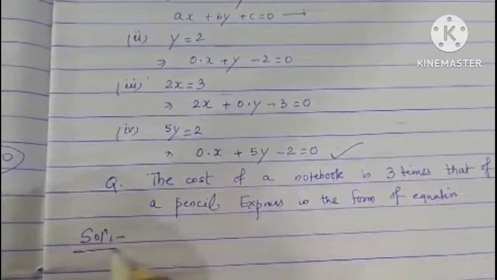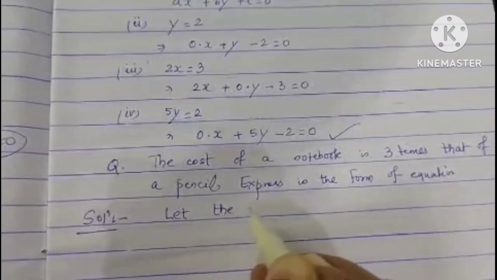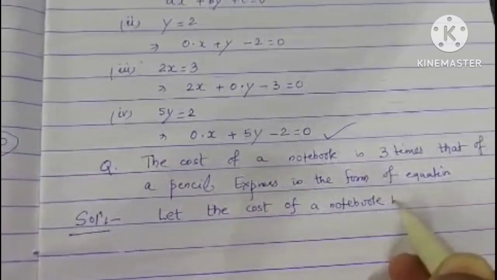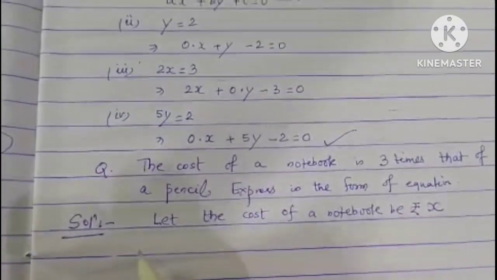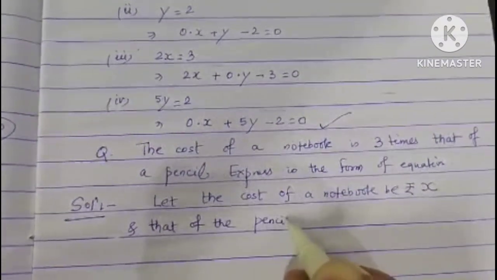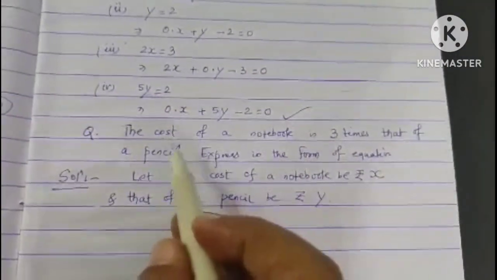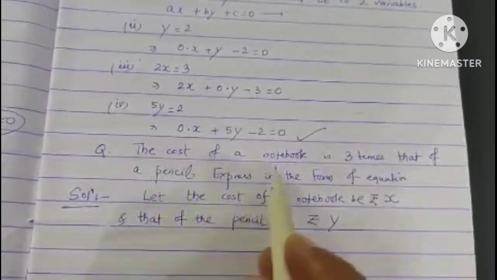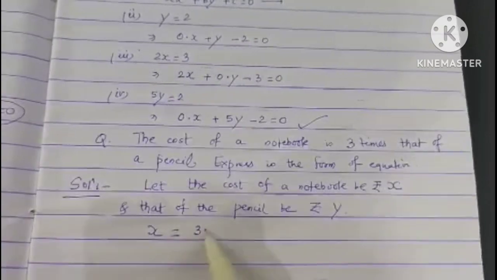So what we will do, let the cost of a notebook be rupees X, and that of the pencil be rupees Y. Now according to the question, the cost of a notebook, that is X, is equal to 3 times that of a pencil, 3Y.